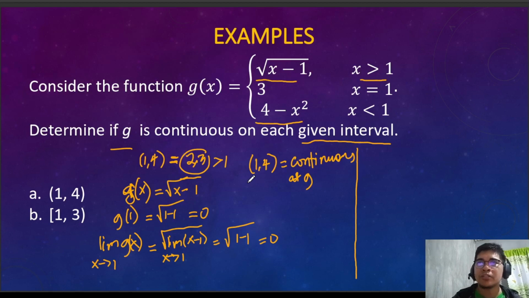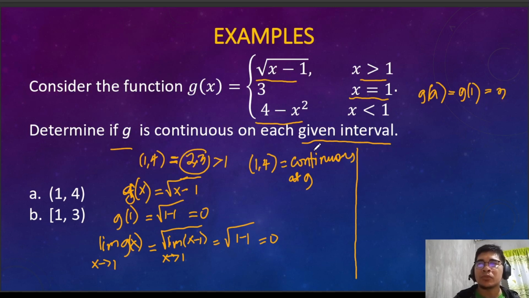So here our g of a is equivalent to x equals 1. That is our g of a. So our g of a equals g of 1, which is equivalent to 3.